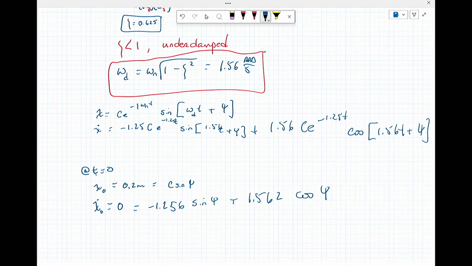Again, doing the same thing, just putting t equal to 0 and recognizing that x dot, because I'm releasing this from rest, is equal to 0, I can put that in. So I get all that, everything's there, all good.